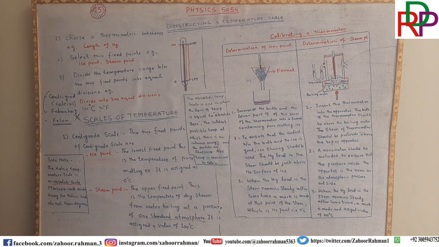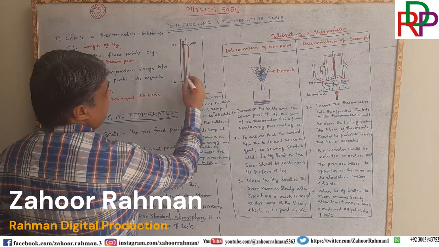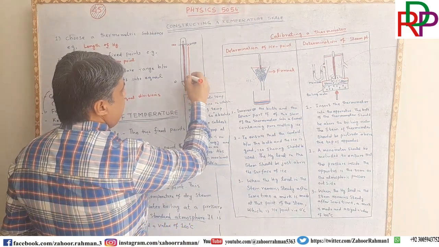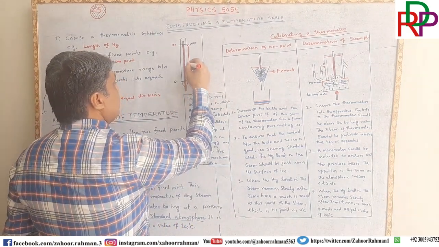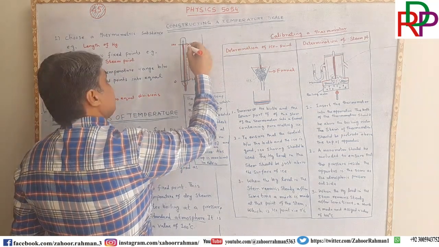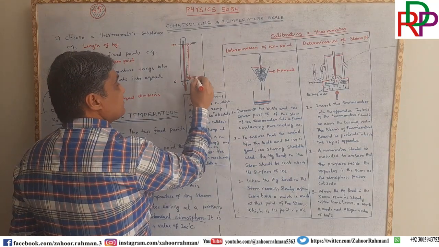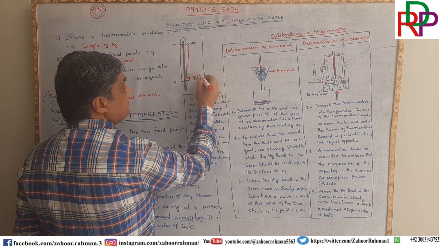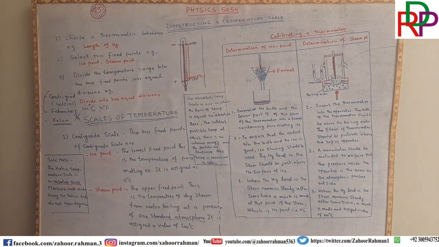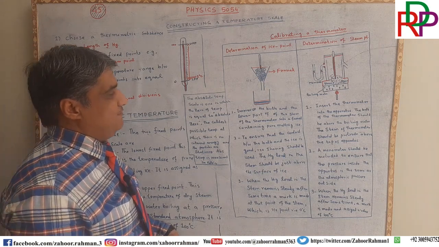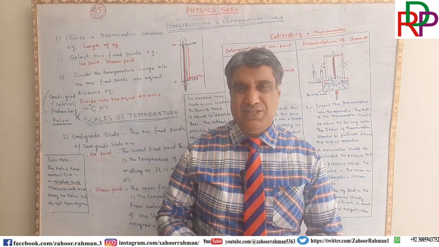So you have to divide 1 meter into equal parts. In this case, we have to divide it into 100 equal parts, and each part is called 1 degree Celsius. So in this case, you can calibrate a thermometer, and then we can use the thermometer.